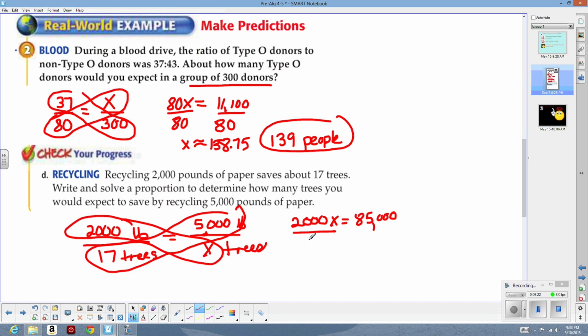Divide both sides by 2,000. And x equals 42.5 trees.